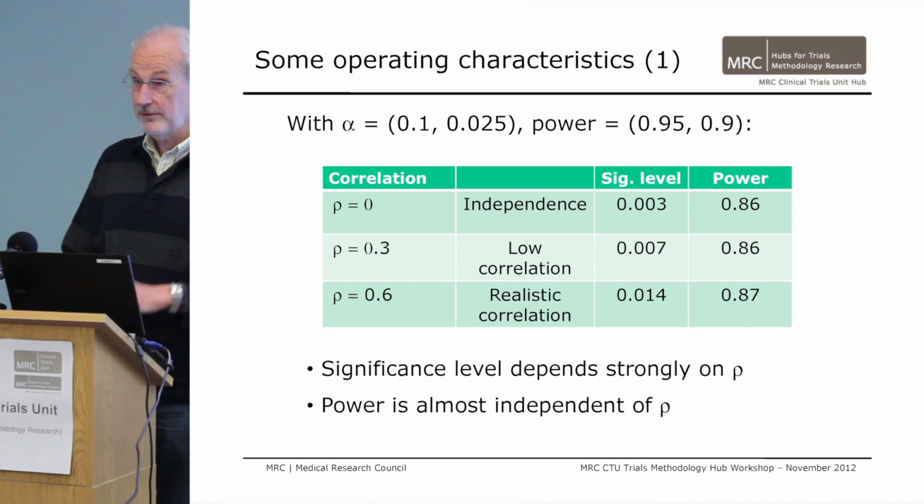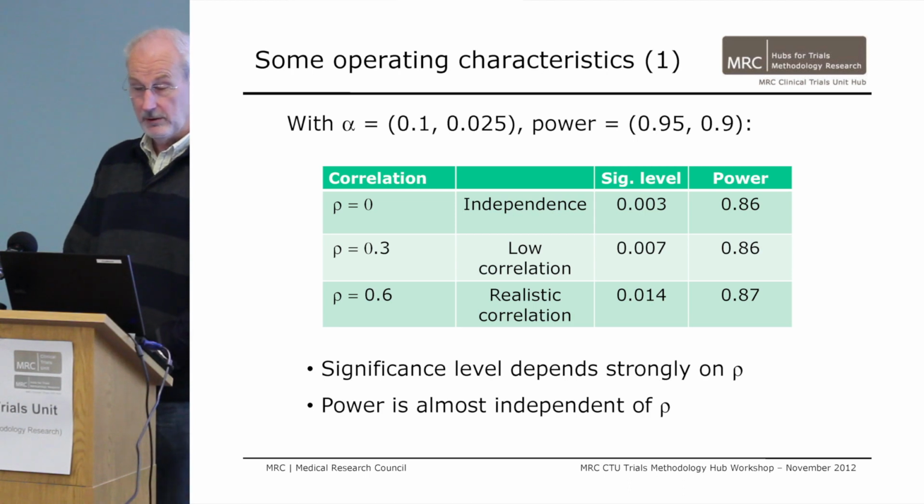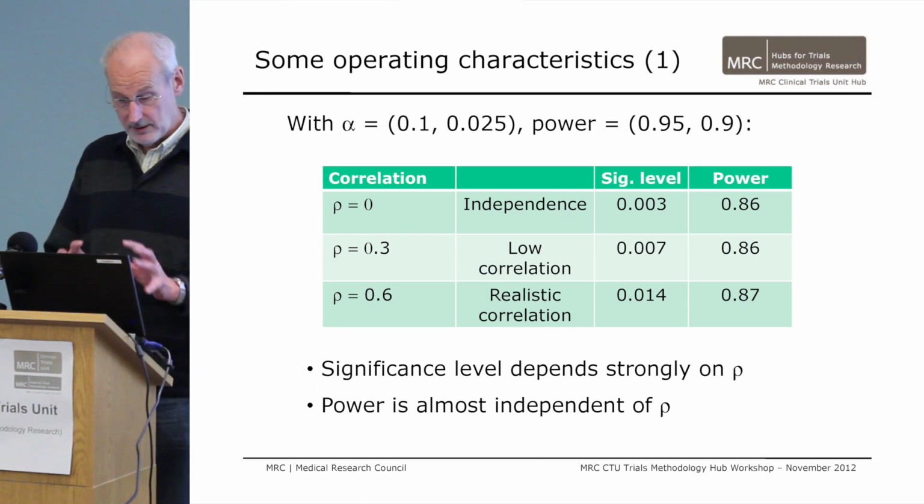So the significance level, and this is what we'll always find in fact, depends quite strongly on the magnitude of the correlation. By contrast to that, the power hardly depends on the correlation at all. You can see the power is nearly 0.87 in all cases.